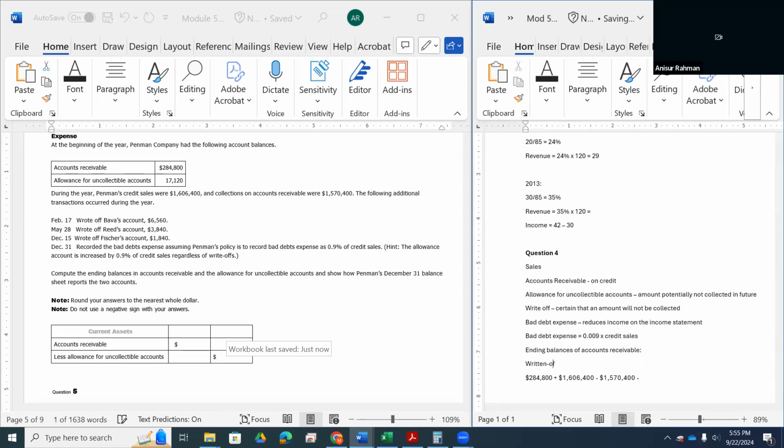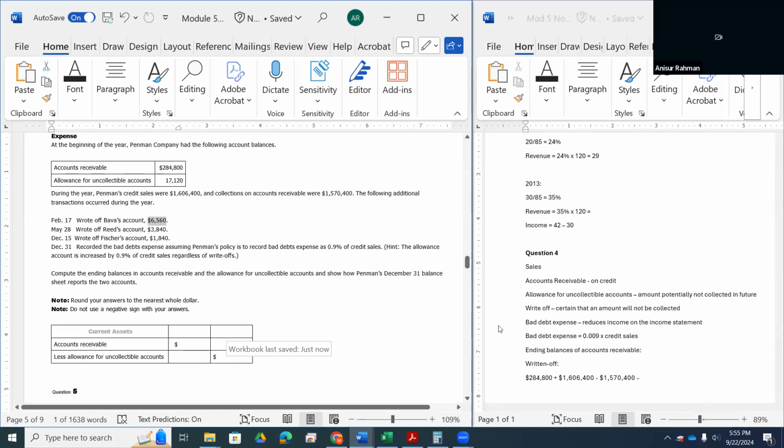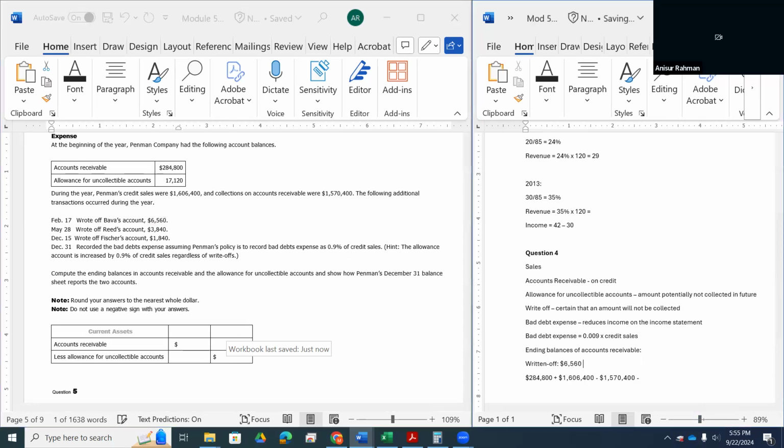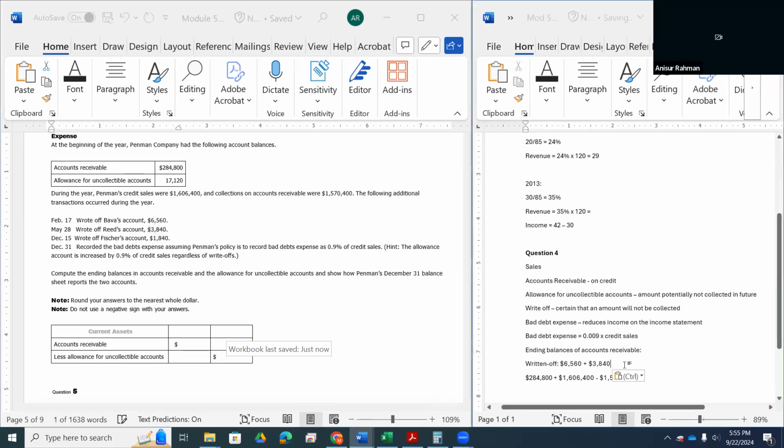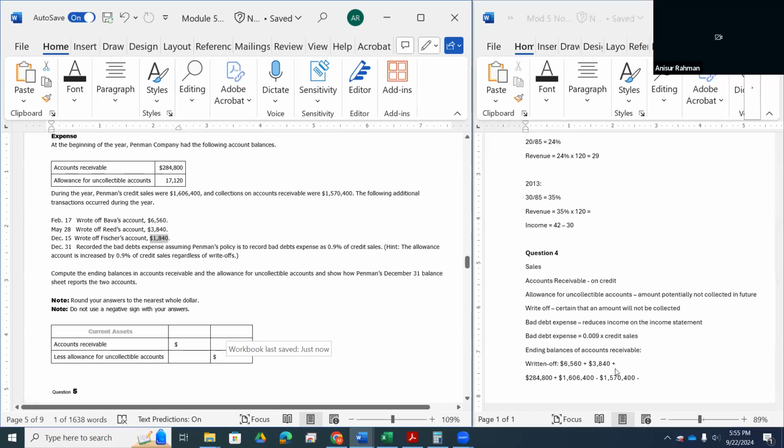Written off is 6,560 plus 3,840 plus this amount.